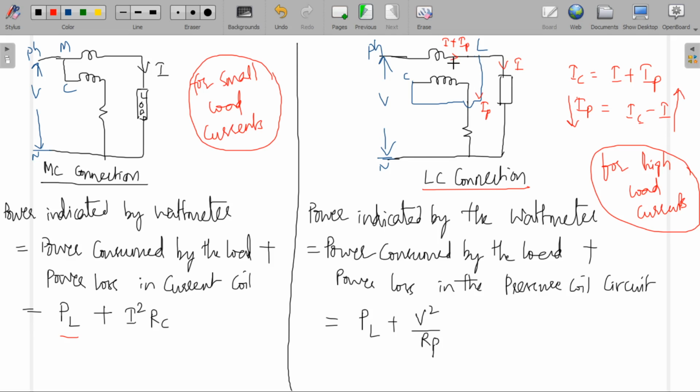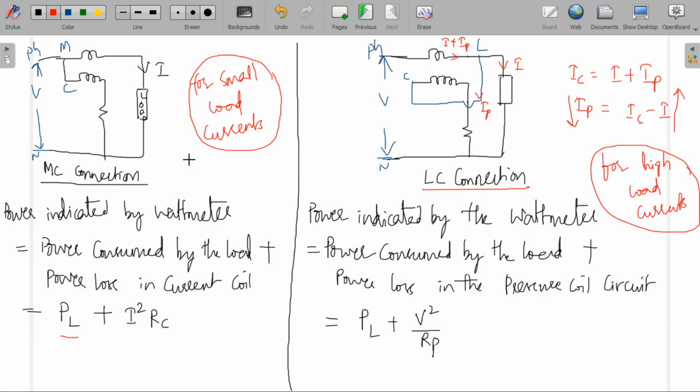No compensation is required for power loss in the current coil. We require compensation for power loss in the pressure coil.